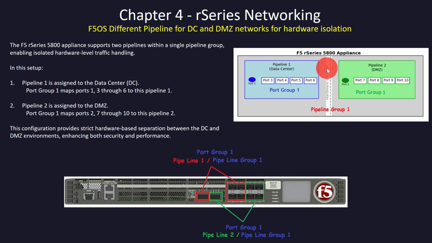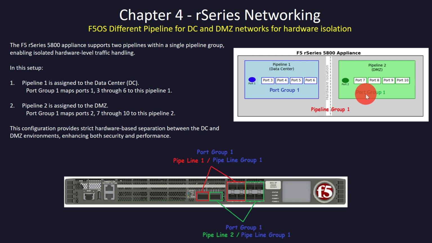In this setup, pipeline 1 is assigned to the data center. Port group 1 maps ports 1 and 3 through 6 to this pipeline. Pipeline 2 is assigned to the DMZ.